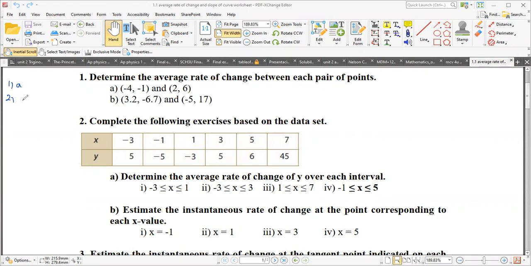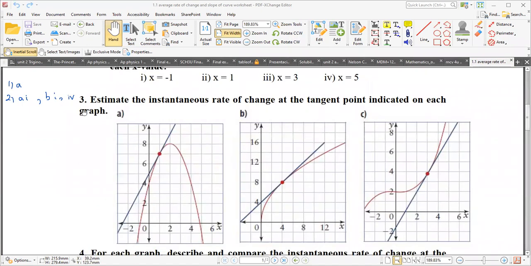Question 2, part A, you do I, and part B, you do I, and the last one is I and V. Then question number 3, A and B, as homework.